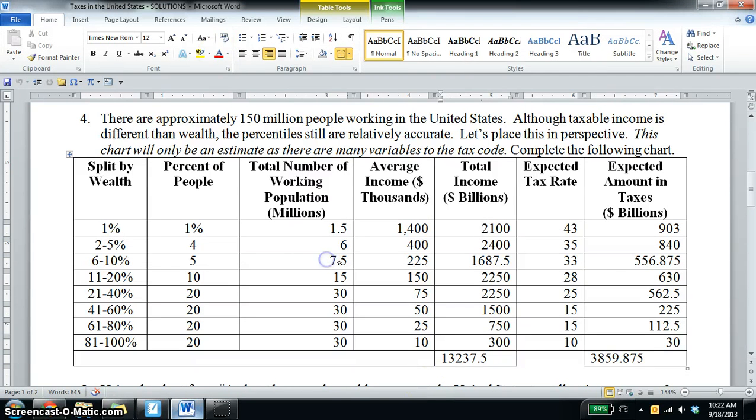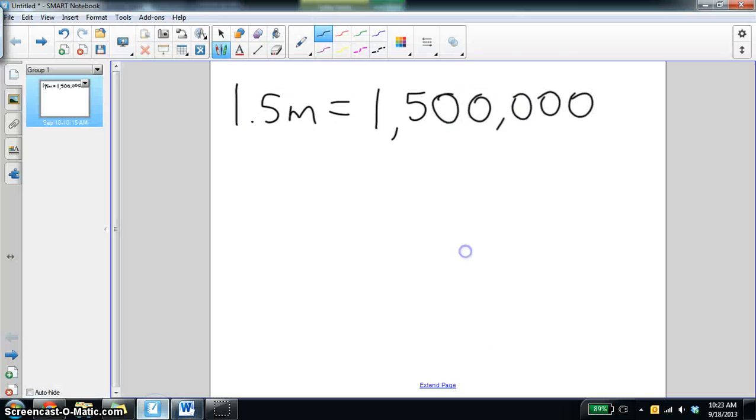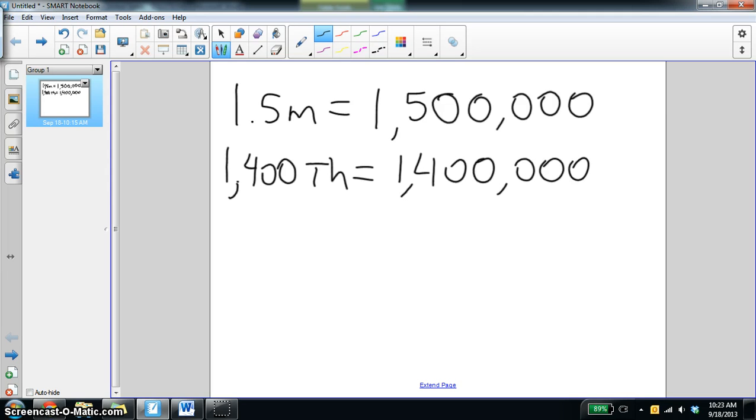So I've got 2.432 times 0.505. And when I do that, I will get 1.22816, or about 1.228 trillion.